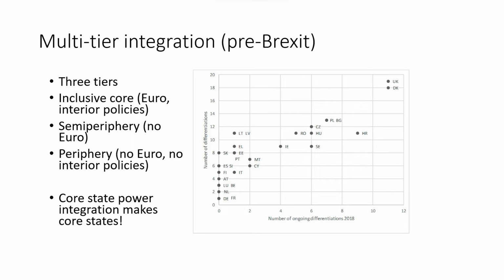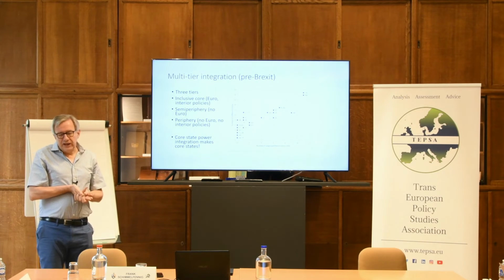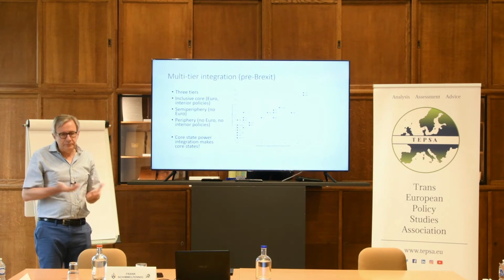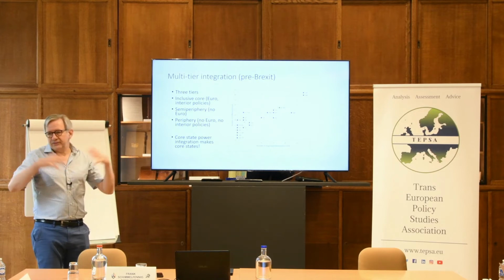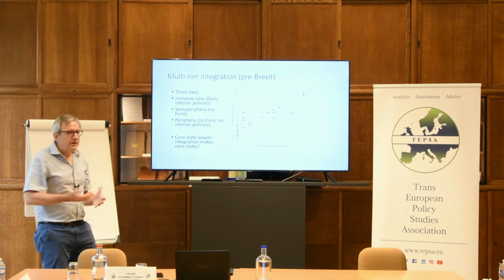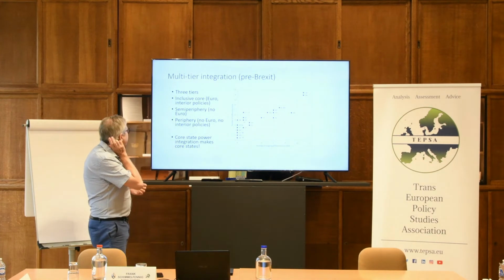So they form a tier, and then we have, let's say, a middle group of countries, call them the semi-periphery, with between 4 and 9 here, but these numbers change, of course. This is a structure that we can observe basically since the 1990s, where it has emerged as a result of the Maastricht Treaty and the Schengen agreements. Yeah, this is what we see.